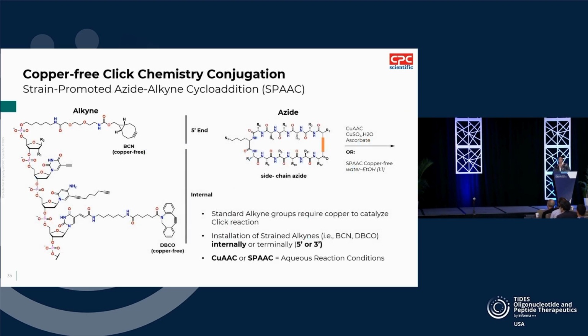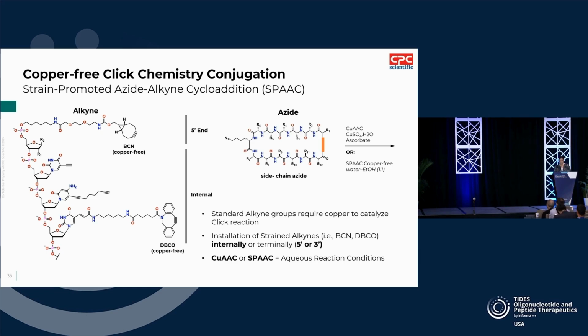But if you do want copper-free, we have a copper-free offering as well. Typically POCs are prepared with the alkynes on the oligo and the azides on the peptide, though those functionalities can be swapped if needed. The standard alkyne group does require a copper catalyst to facilitate this click reaction. However, if we use strained alkynes such as DBCO or BCN, that allows for copper-free conjugation.